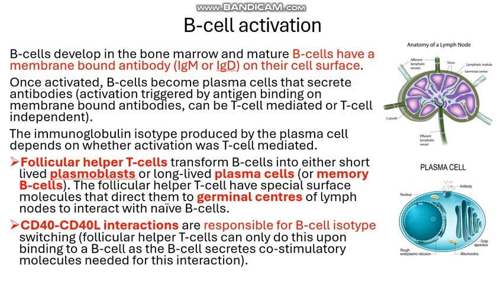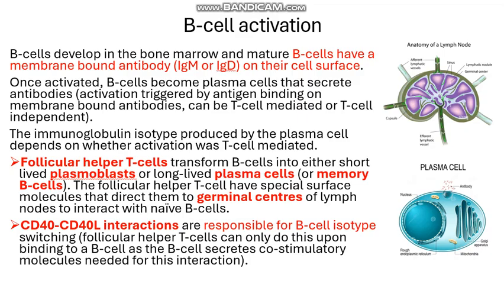It can become a myeloid stem cell, which produces the cells of the innate immune system and platelets. It can become an erythroid stem cell or an erythroblast, which will produce your red blood cells, or it can differentiate into lymphoid stem cells, which give rise to our B cells, T cells, and natural killer cells.